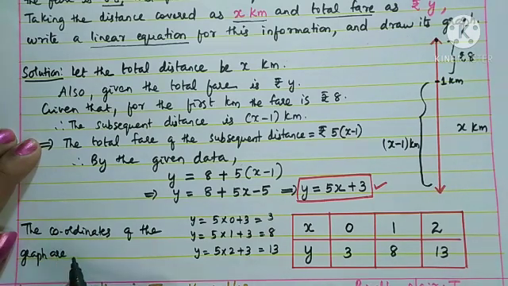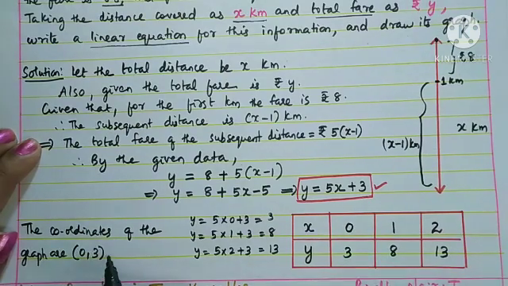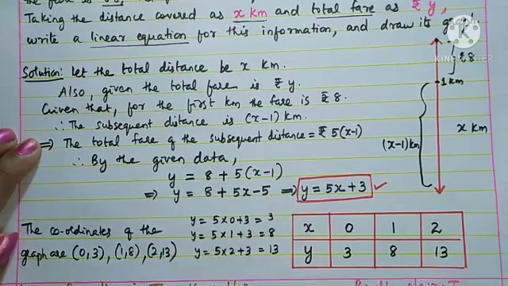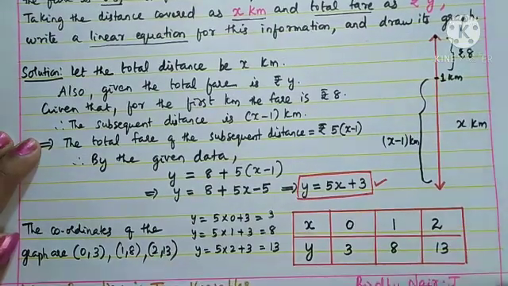What are the coordinates we got? First you want to write the x point. So 0, 3. Then what is the second coordinate? 1, 8. And the third coordinate is 2, 13. So we got all the three coordinates.